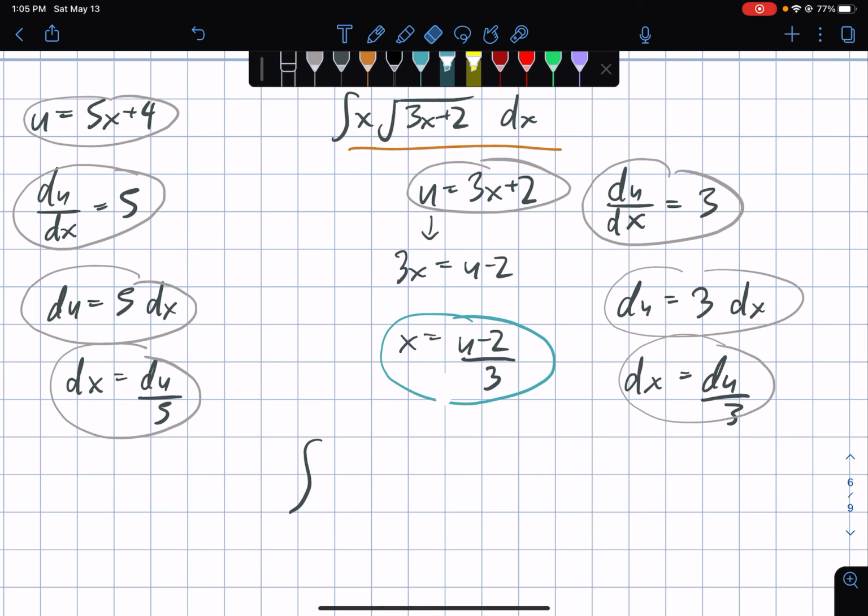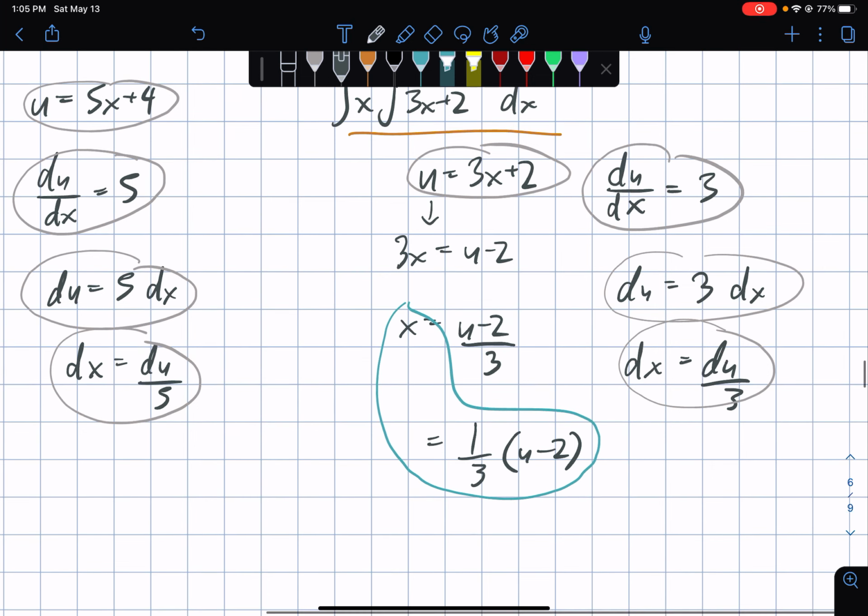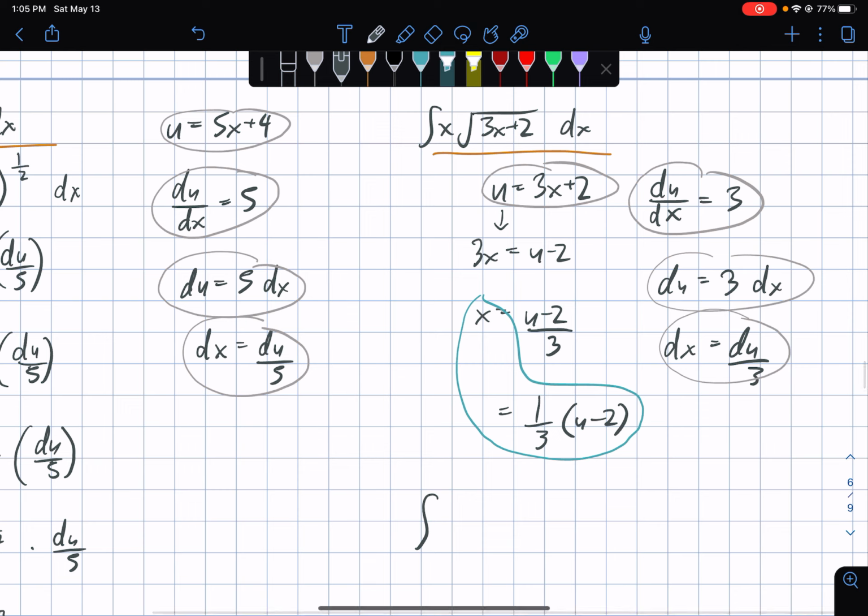We can also write it as 1 over 3 times the quantity u minus 2. It looks kind of far-fetched, but yeah, do the same.